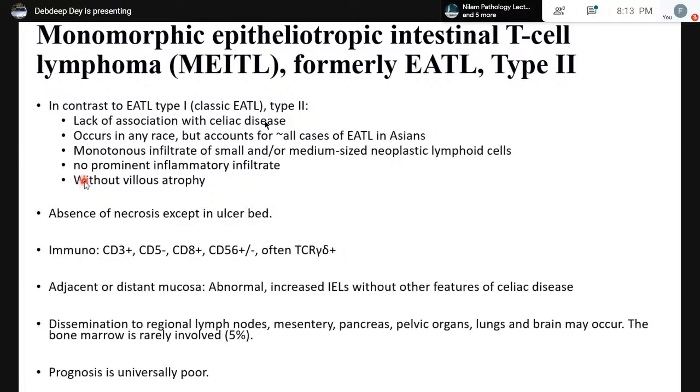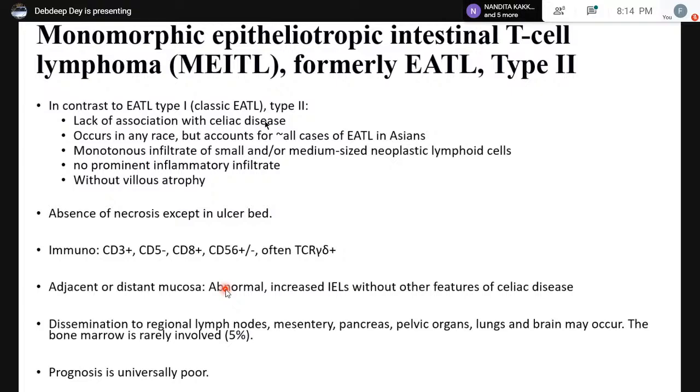There will be absence of necrosis, except necrosis may be present in the superficial area, but not transmural. And it is characterized by CD3 positive, CD5 negative, CD8 positive, and CD56 is also positive. And the prognosis is poor, and dissemination to regional lymph nodes, mesentery, pancreas, pelvic organs, lungs, or brain may be occurring.